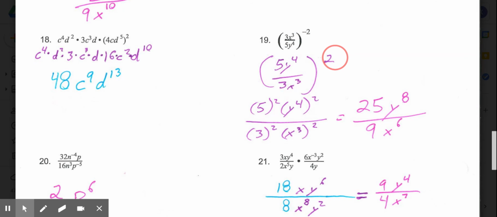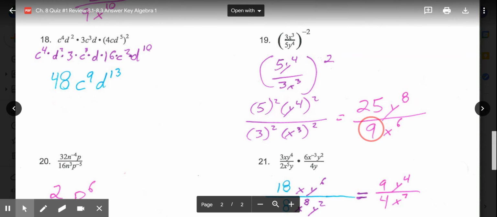So now we want to square each part of the top and the bottom. So on top, we have 5 squared and y to the fourth squared. And on bottom, 3 squared and x to the third squared. That gives us 25 y to the eighth over 9 x to the sixth.